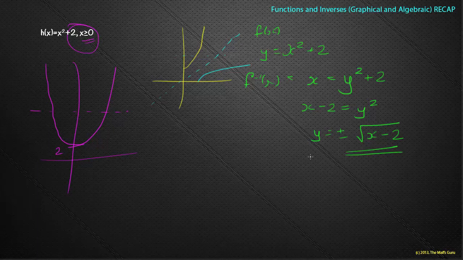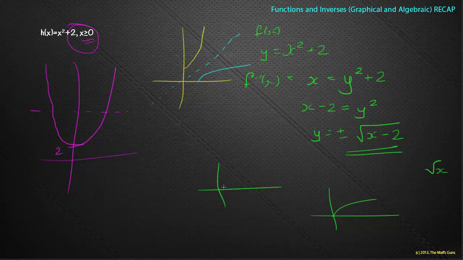Well, I know what the graph of root x looks like, right? We've done that previously. It looks something along those lines. The x minus 2 is going to move my graph over 2 positions, so it'll start at 2. And what about this plus or minus? Well, plus generally means it's above the axis, and if you remember, the minus in front of the function generally means that it would be below the axis.